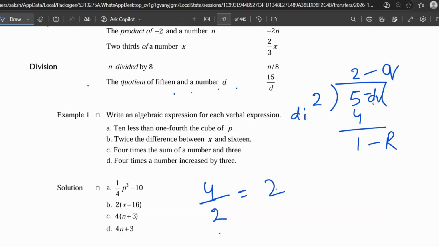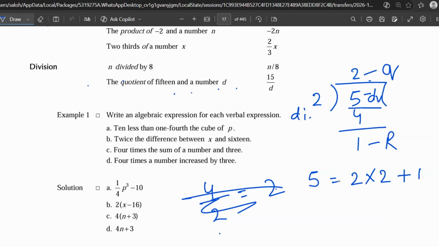So generally, the dividend, which here means 5, will be equal to 2 times, that is your quotient, into 2, that's your divisor, plus 1. This is one example.